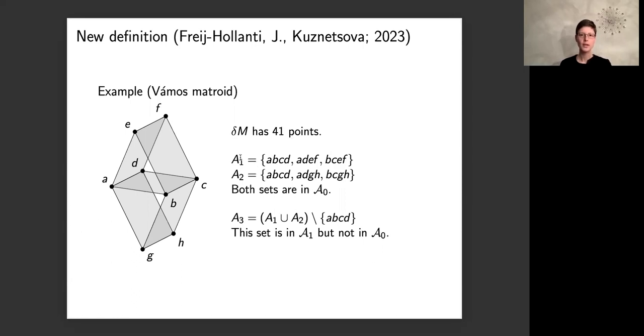What we can do is take two sets of circuits. We know in the Vamos matroid, these planes that are made here are the only 4-element circuits. If I let A1 be the upper 3 planes, and for A2 I take the lower 3 planes, these are both dependent.